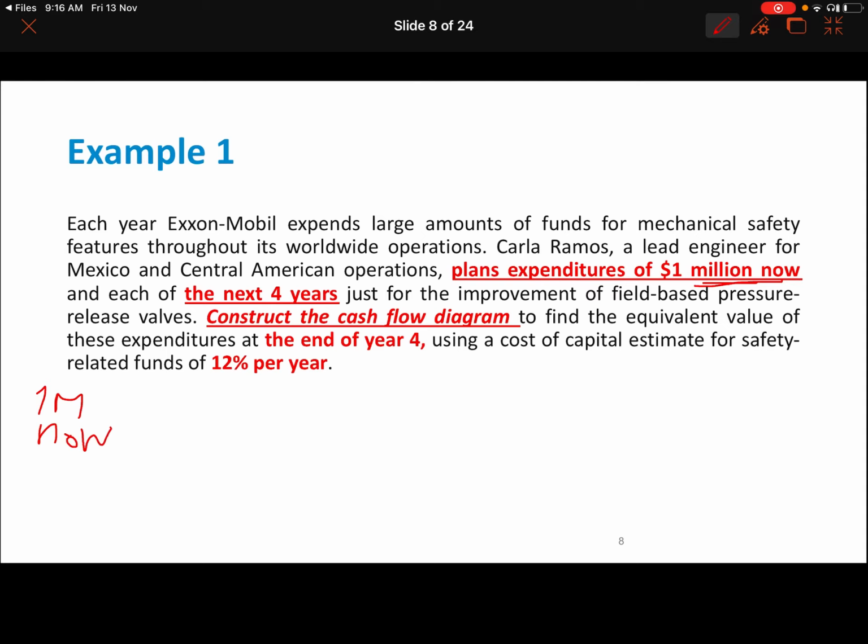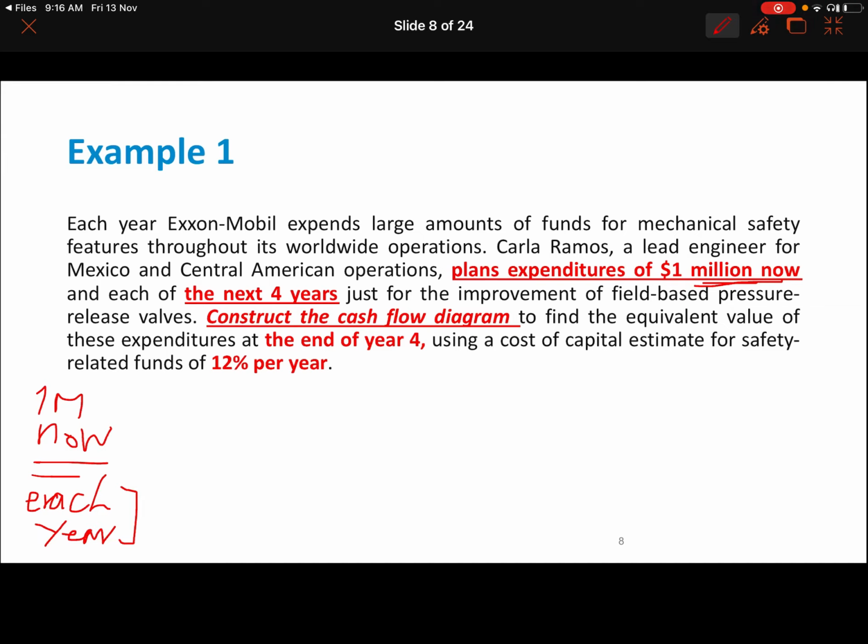Do you understand the meaning of now? And each of the next 4 years, so each year, do you remember this word? Each year. So she pays 1 million now and in the next 4 years, just for the improvement of field-based pressure release valves.